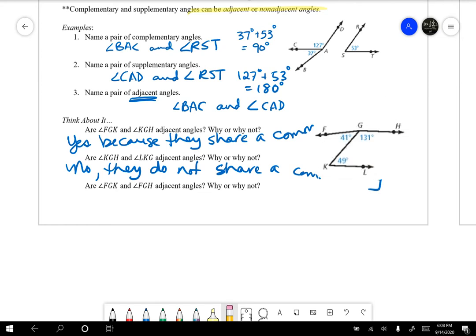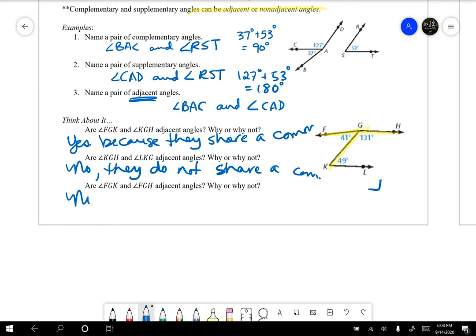Sorry, I'm just going to erase that. Let's try it again: FGK and FGH. Are they adjacent? No, they're not.